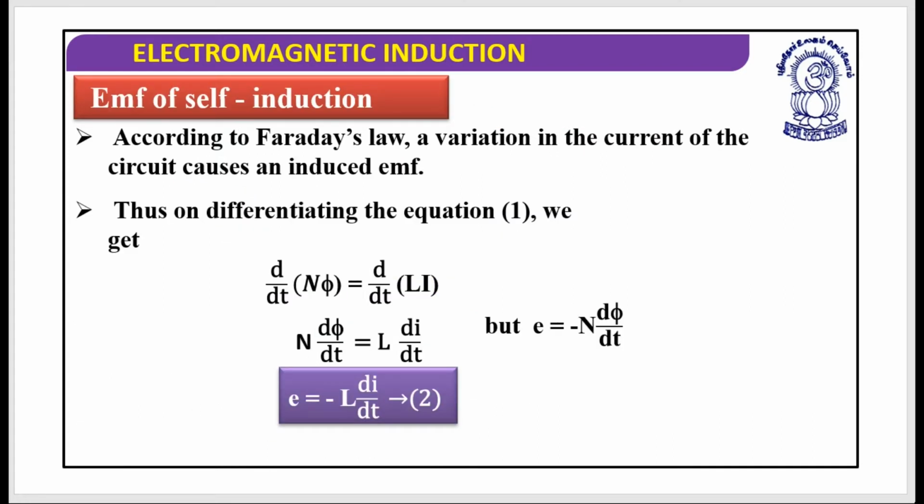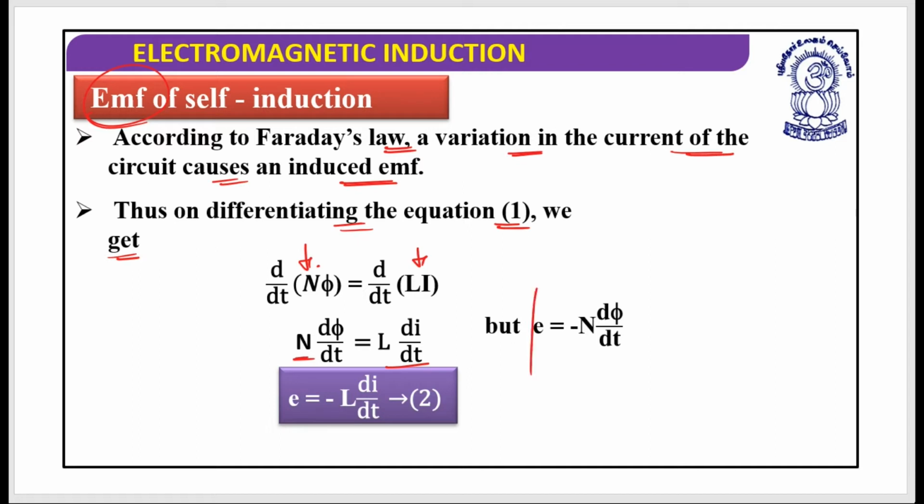Yes. Now let's look at the electromotive force of self-inductance. According to Faraday's law, a variation in the current of the circuit causes an induced EMF. Differentiating equation 1 with respect to time, we get d by dt of n phi is equal to d by dt of L into I. So this can be represented as n into d phi by dt is equal to L di by dt.